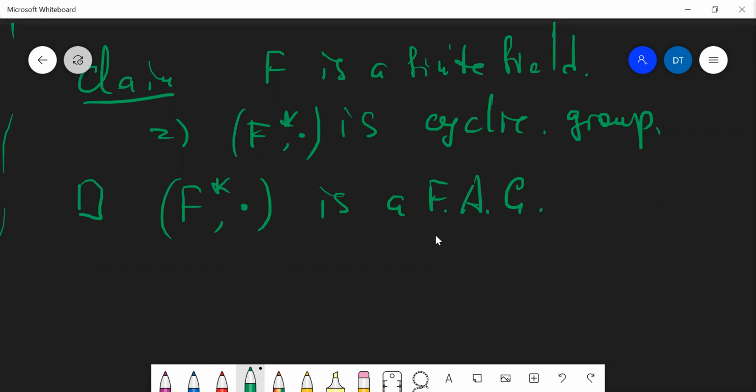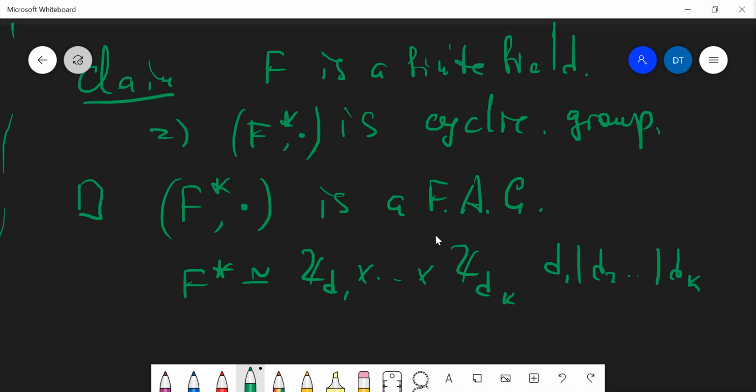But for finite abelian groups, we know that this group is isomorphic to a direct product of cyclic groups, such that d1 divides d2, etc., divides dk. This is the structure theorem for finite abelian groups.